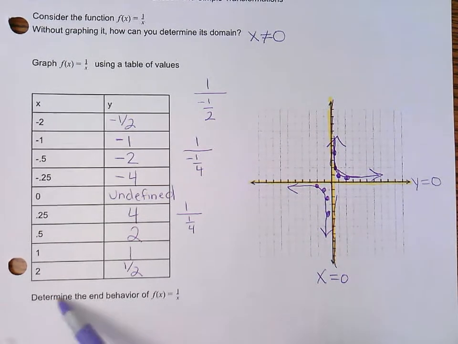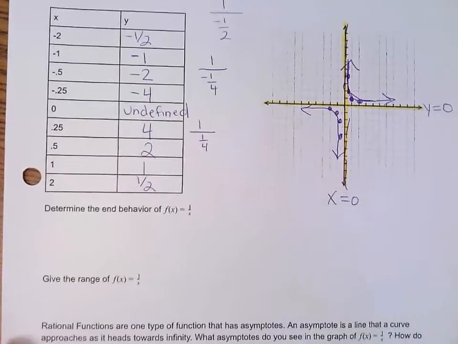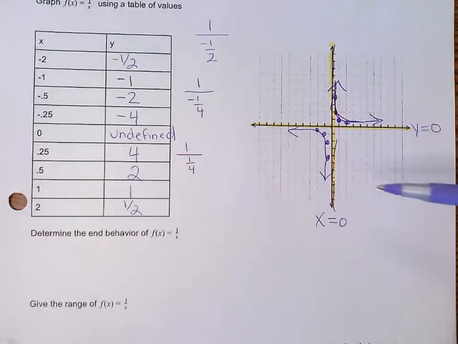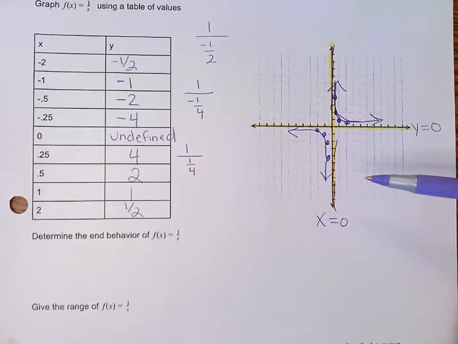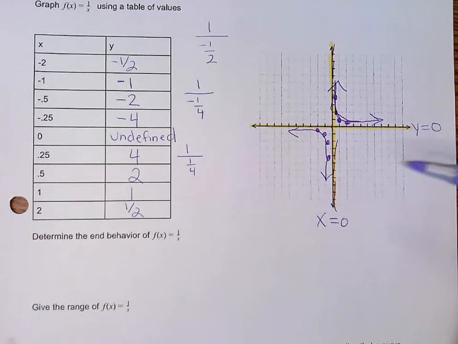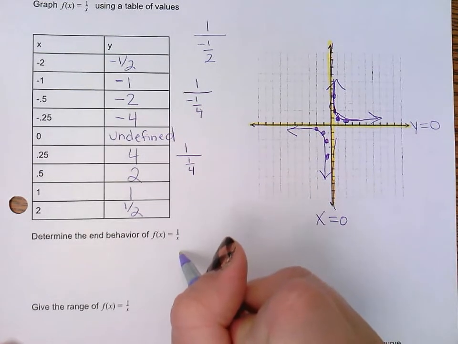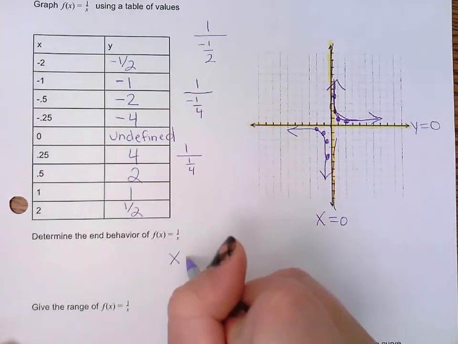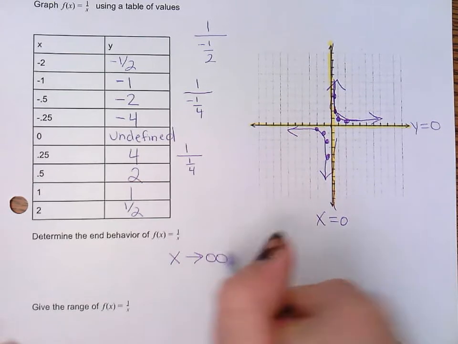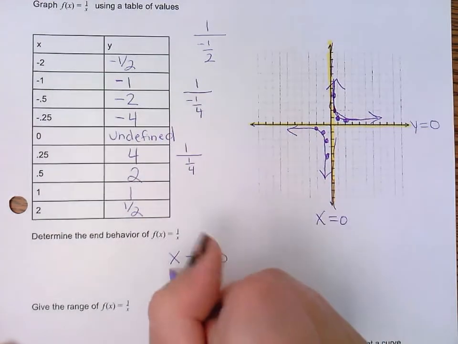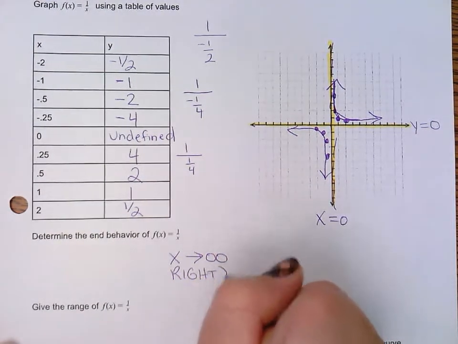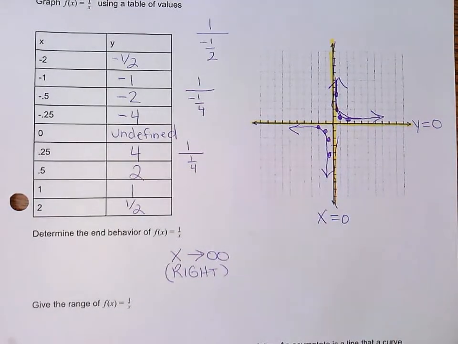So let's determine the end behavior. When I look at this function, what is the end behavior of the graph? There's a couple different ways we can talk about end behavior, but as my x value approaches positive infinity, over here, the right end of the graph, what does the function do?